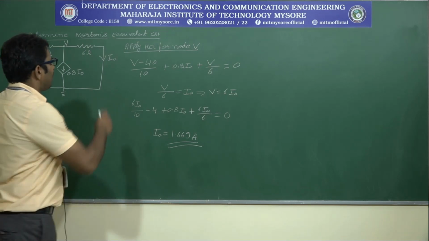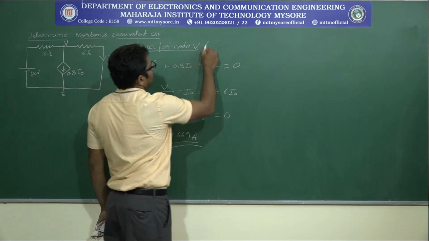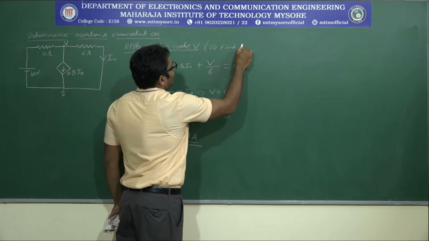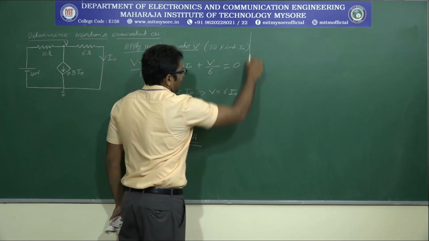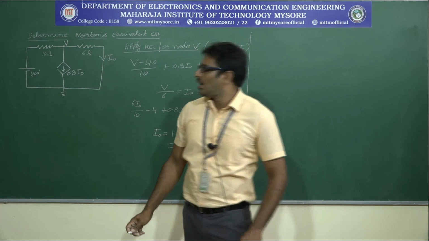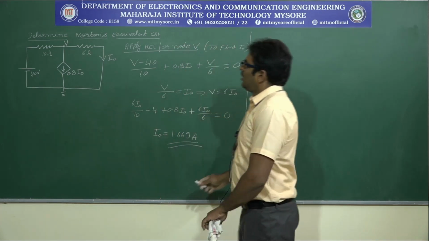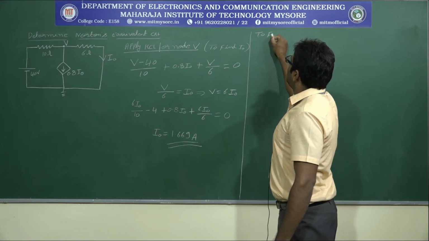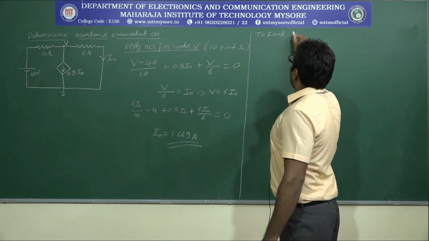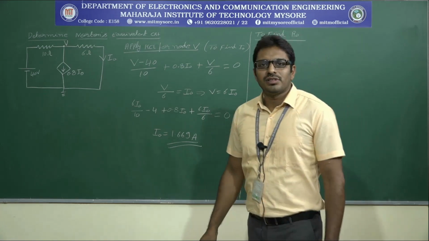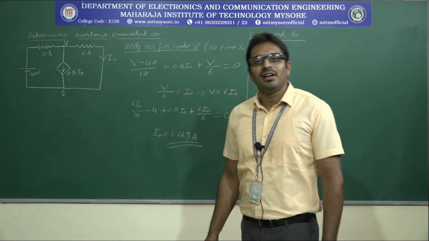Okay. Now after finding I0, what is the next step? To find R0, right? So if dependent source is not given, how are we finding R0?